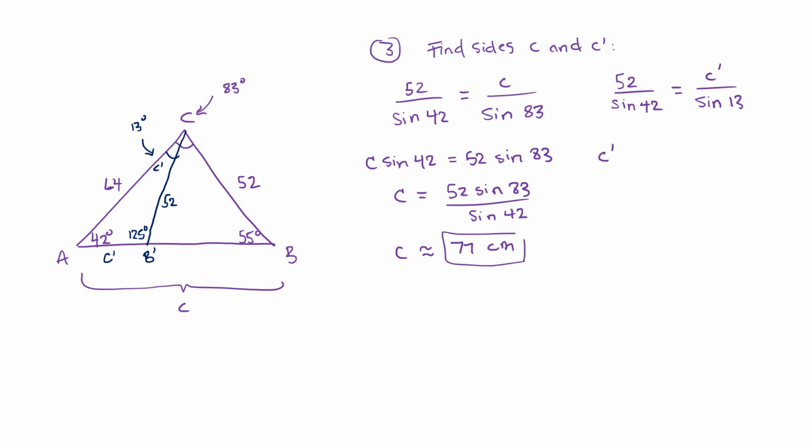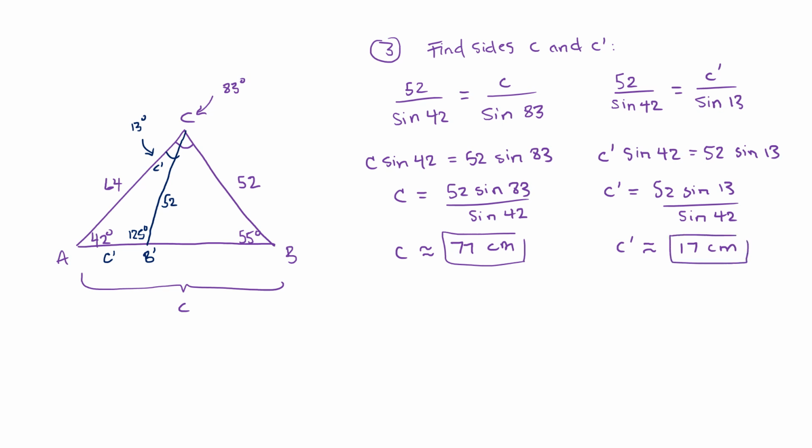C prime, we'll take similar steps. We will cross multiply. We'll then get C prime by itself by dividing both sides by the sine of 42. So C prime, simplifying, will get us 17 centimeters.